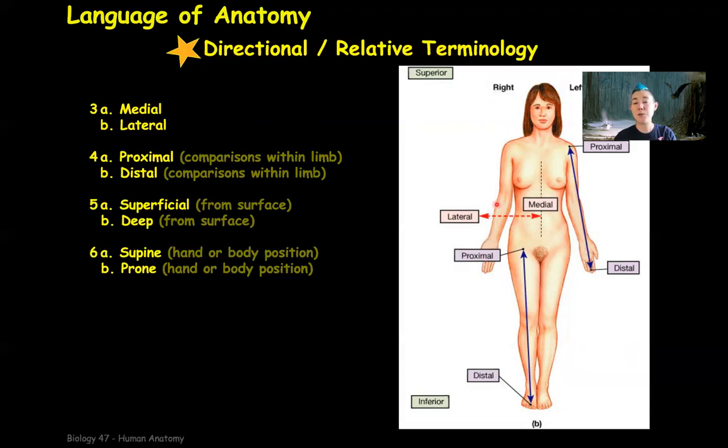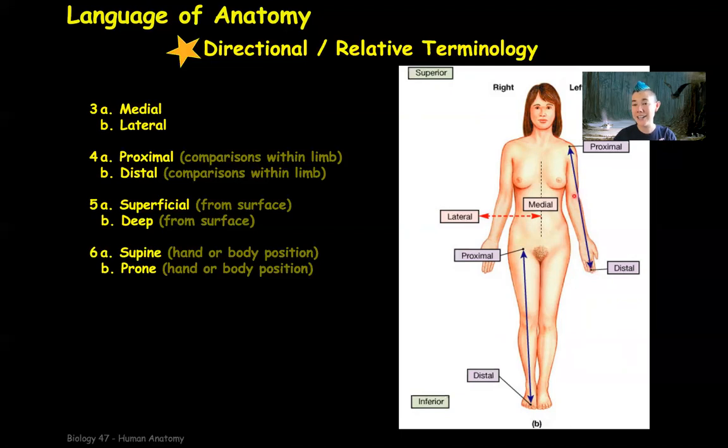For comparisons within a limb, within the arm or within the leg, we don't use superior and inferior, even though it looks like it's above and below. Instead, we're going to use the terms proximal, meaning closer to the point of attachment, or distal, farther away from the point of attachment.